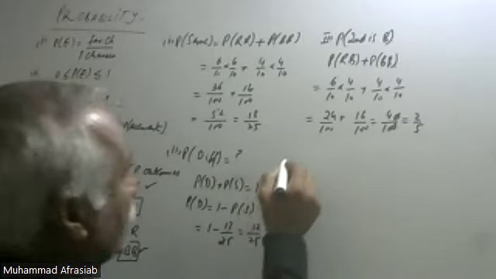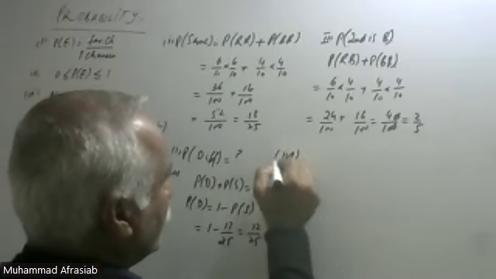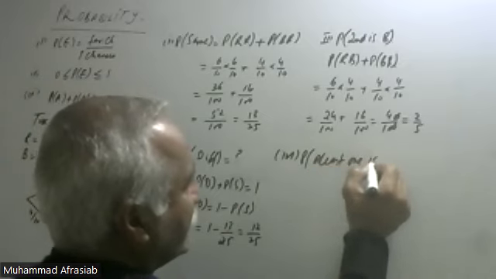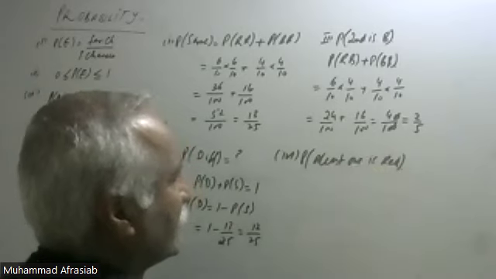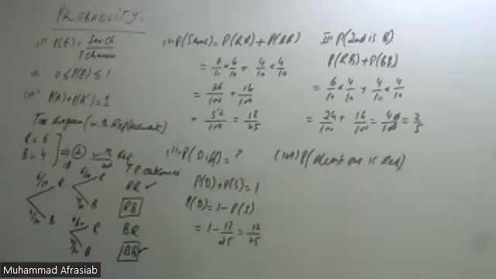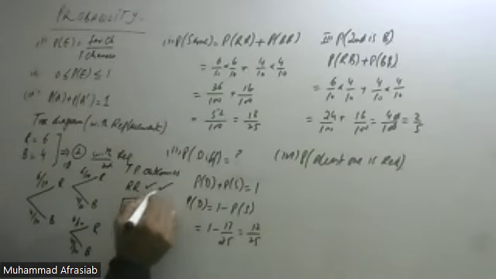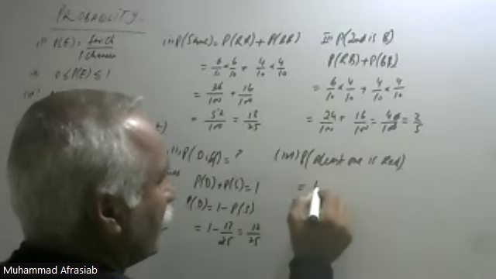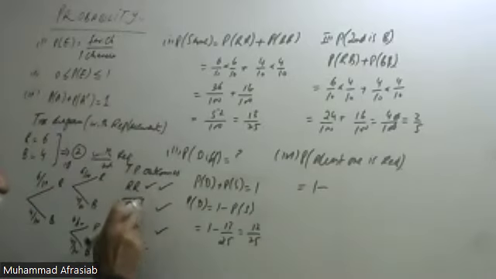The fourth part of this one is to find the probability that at least one is red. So at least one is red means what? This red, this is red, this is red. So instead of taking these three probabilities, whenever the word at least is used, we can use the complement option, because the sum of all these probabilities should always be equal to 1.